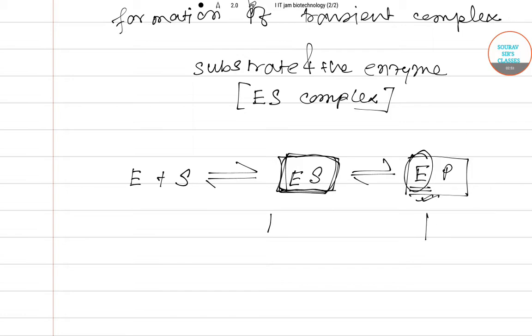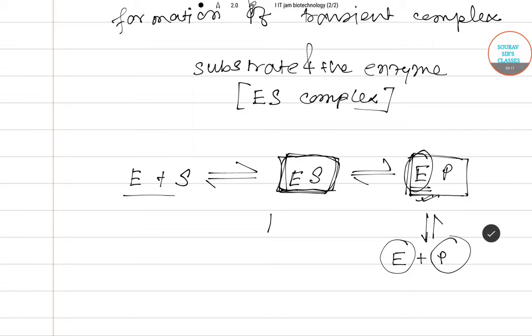And then when there is the total production of the product, this enzyme and product complex will divide into E plus P, meaning these will be separated after the whole procedure.